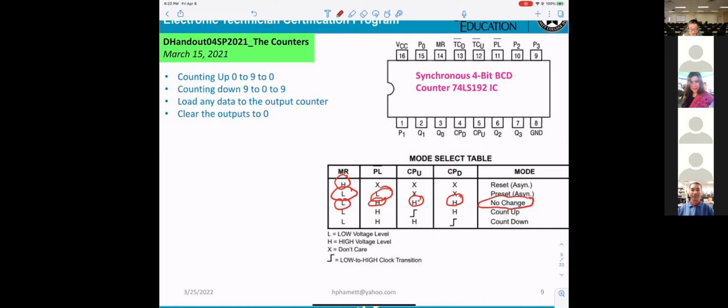And if you're looking at counting up, that must be low, that must be high. Clock applied to up and down must be what? They count up. They're exactly the same. 74193 only differs in that one counts 0 to 15 and the other counts 0 to 9. Okay?